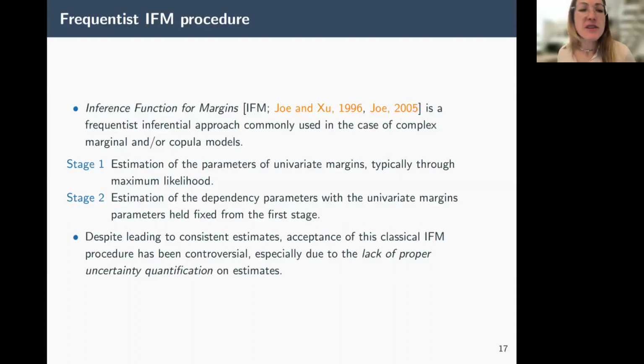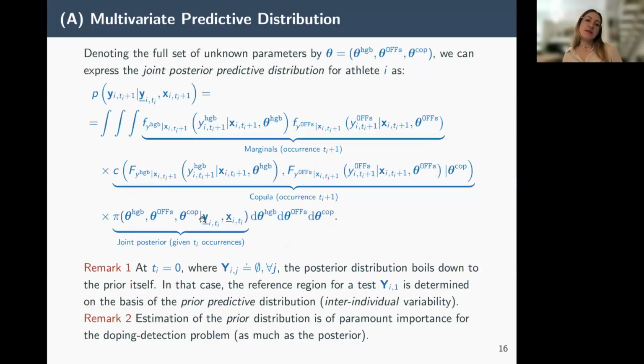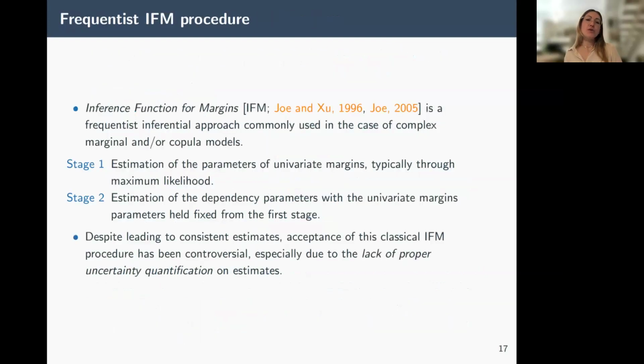So as mentioned before, the problem is now how do we estimate this, say, complex distribution? It is a distribution of the posterior parameters, and the parameters are both the parameters of the marginals and the parameter of the copula. So in the typical approach followed in the literature for estimating such joint distributions, especially because often the problem is quite complex, because models are quite complex, copula models are quite complex, is called inference functions for margins.